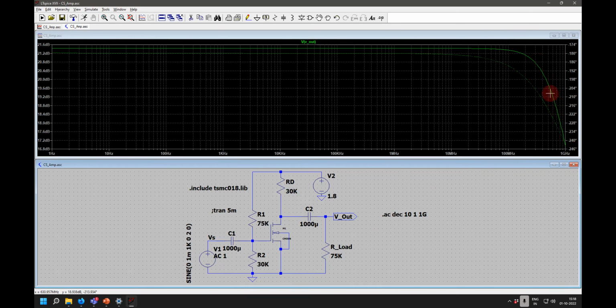If you see the slope of this curve, it will be around 20 dB per decade. It has to go like that, so you can verify that also. That is how this is a high frequency effect. That is because of these capacitances. At lower frequencies, this capacitance is going to do the attenuation.